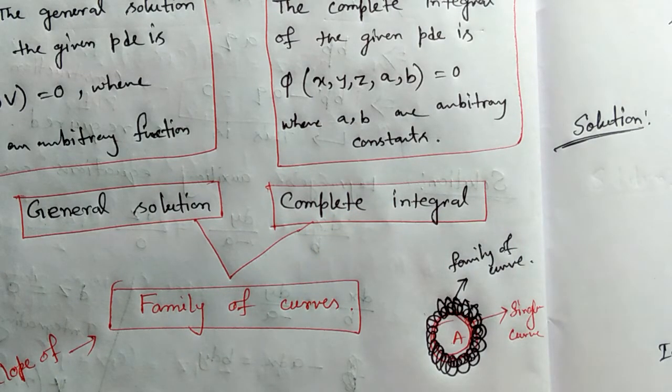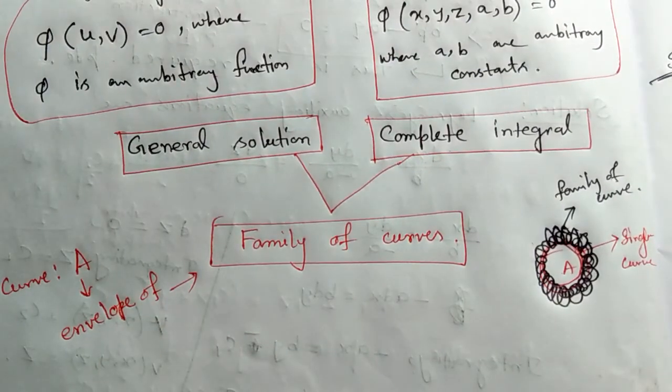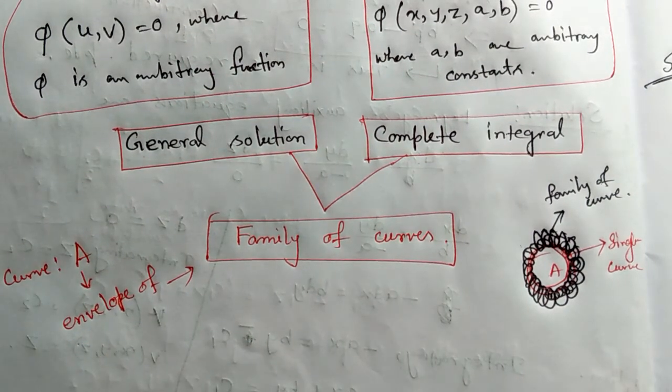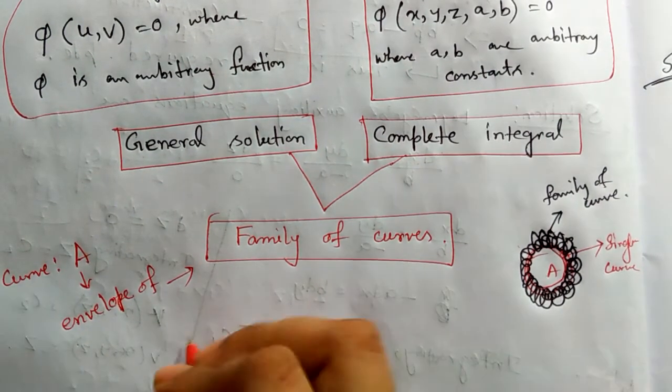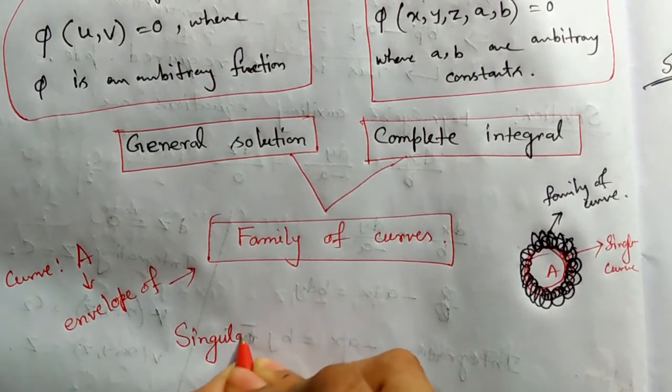But this envelope, is there any solution which represents this envelope? The answer is yes. There is a third kind of solution which actually represents the equation of the envelope, and the third solution is known as the singular solution.